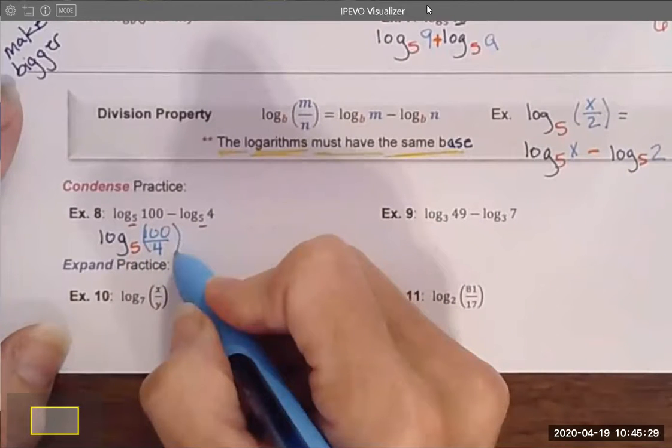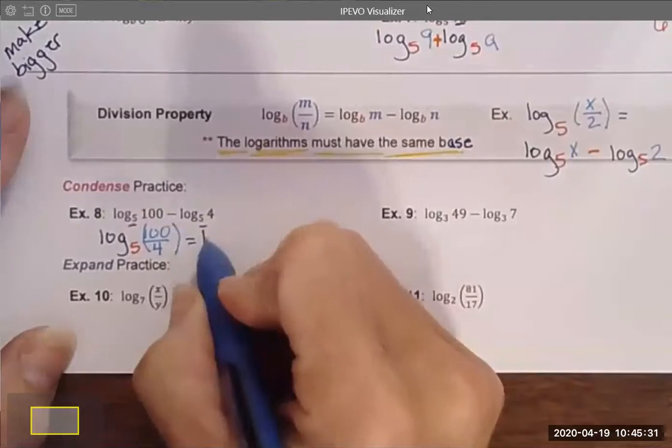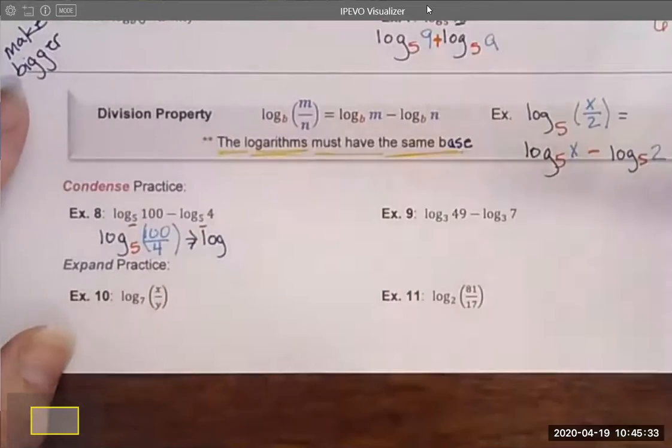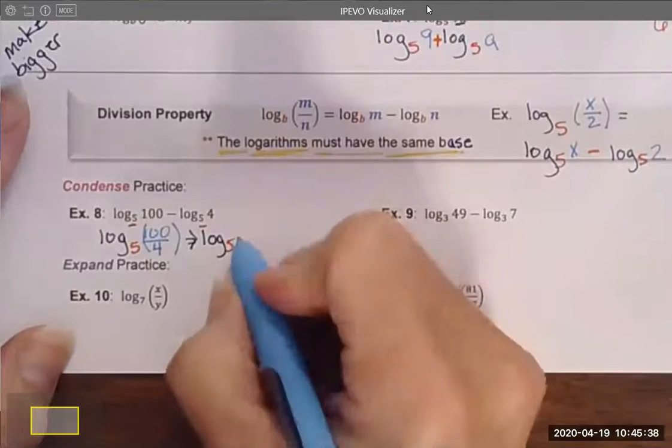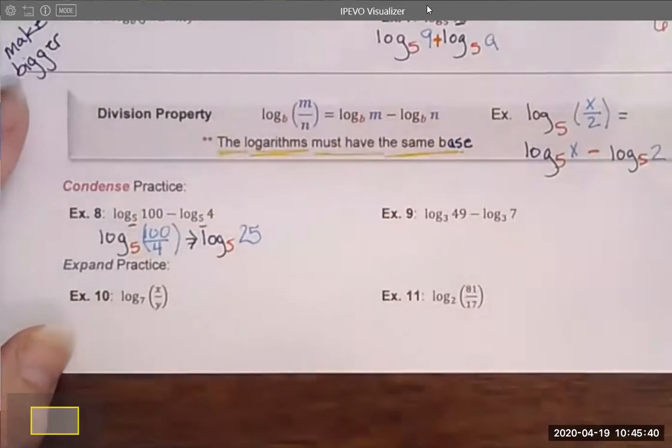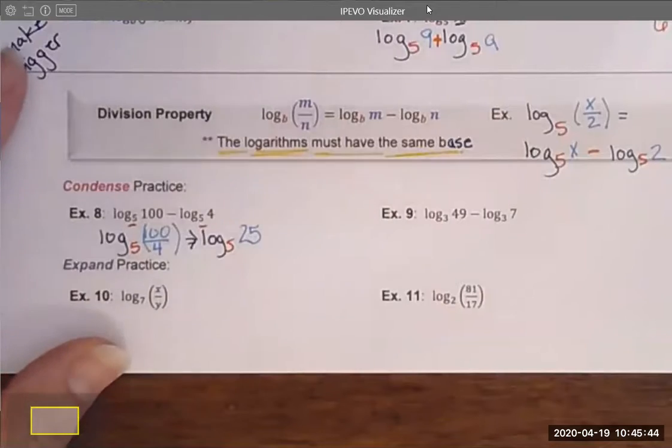And again, because y'all are brilliant, you've already done that math in your head, and you're saying to yourself, but Ms. Palmer, we can write that as log base 5 of 25. And as before, sometimes we can evaluate these, and sometimes we cannot.